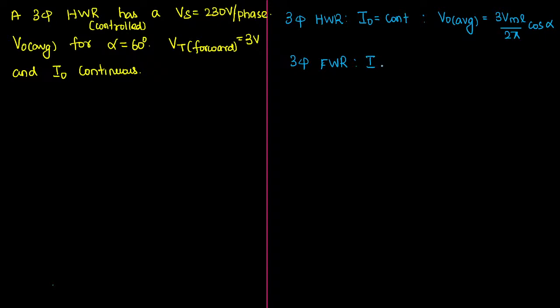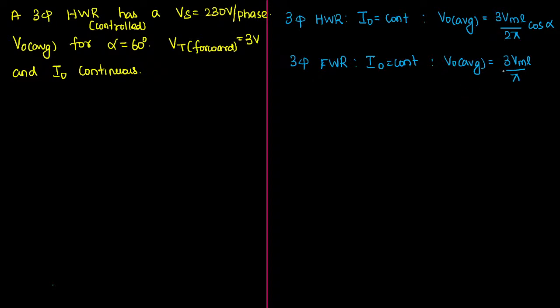Again, when we focus on the three-phase full-wave rectifier and its output current is expected to be continuous, the value of V0 average, as usual, is going to be 3 times VML by pi, because the three-phase full-wave rectifier is simply double the half-wave rectifier. So that 2 will disappear.